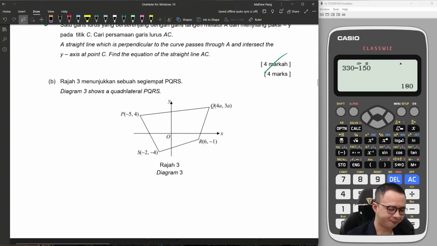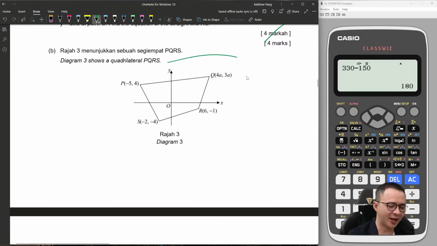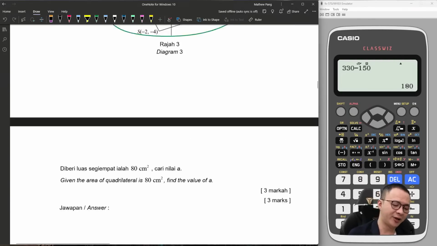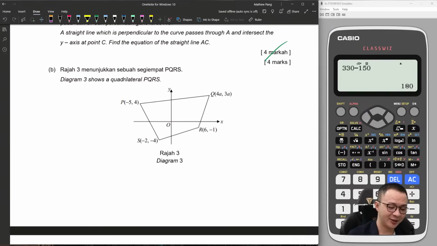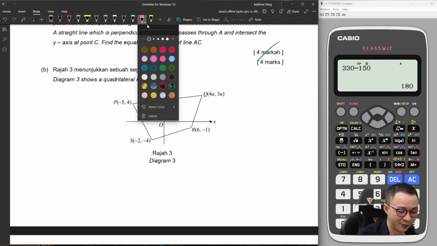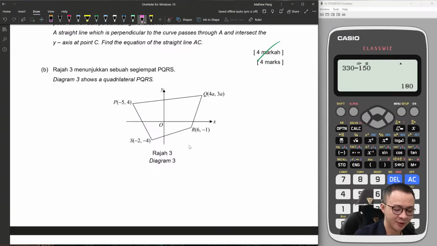All right. We have another diagram here. Given the area of the quadrilateral is 80, find the value of a. This one seems like quite a lot of work needs to be done. The marks given are a bit too little, but it doesn't matter. Since the area is 80, I will use the area formula: 1 over 2, then modulus.